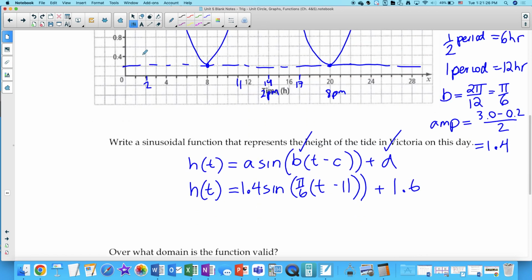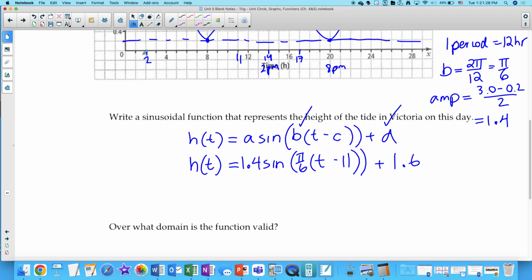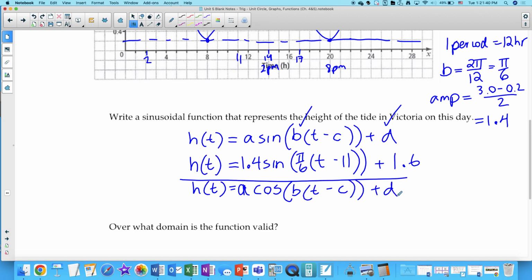that would be a cosine b times t minus c plus d. Okay, the amplitude is the same. The period is the same, so b is still pi over 6.